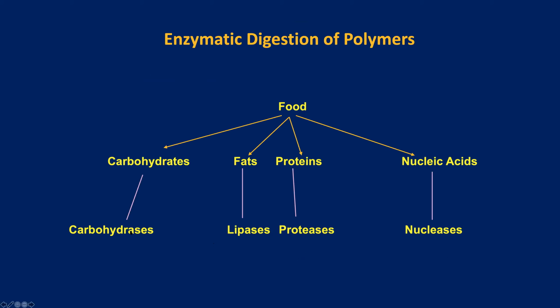So we have carbohydrases, which degrade carbohydrates, lipases degrade fats, proteases, proteins, and nucleases, nucleic acids. Now, the first three of these types I am calling non-specific. And the nucleases can be highly specific, and that's what's significant here.